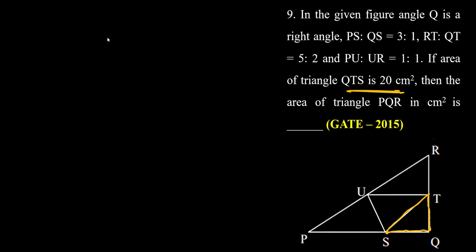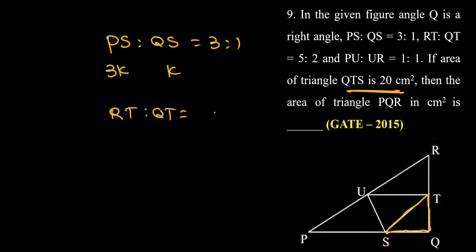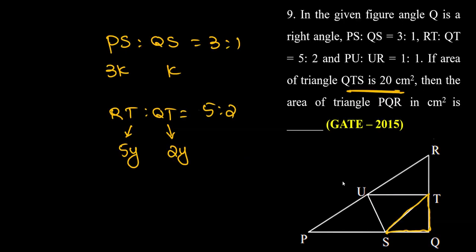Now, if you see the question, PS and QS is in the ratio 3:1. Means if this is K, this will be 3K. And RT and QT are 5:2. If this is 2Y, RT must be 5Y. I'm taking 5Y and 2Y.